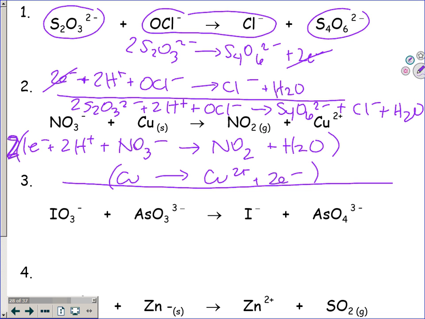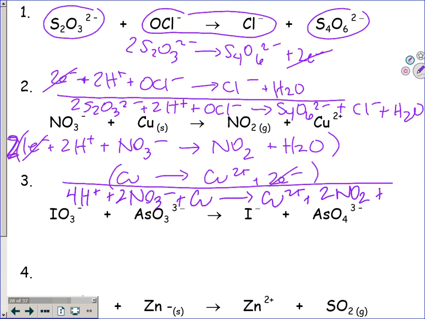There should never ever be electrons left at the end, because we should be showing that they're the same ones lost and gained. So I already know I'm going to cancel those out, so I'm just not going to write it again. Okay? And then I have how many H's? 4 H pluses, and then 2 nitrates, and then 1 copper, and we're going to make copper 2 plus, and 2 nitrogen dioxides, and 2 waters. So we're carrying everything down on each side of the arrow.